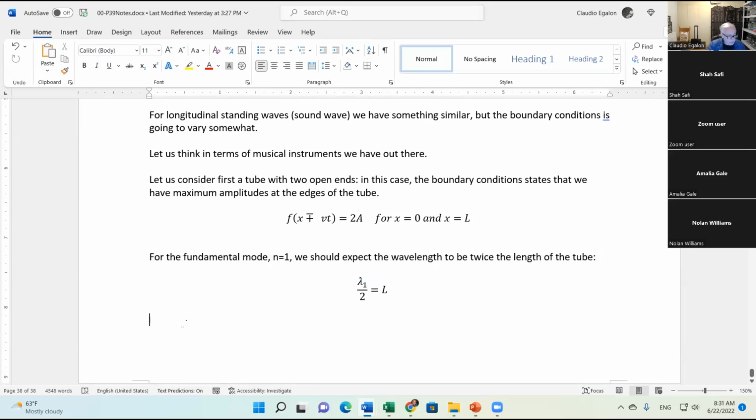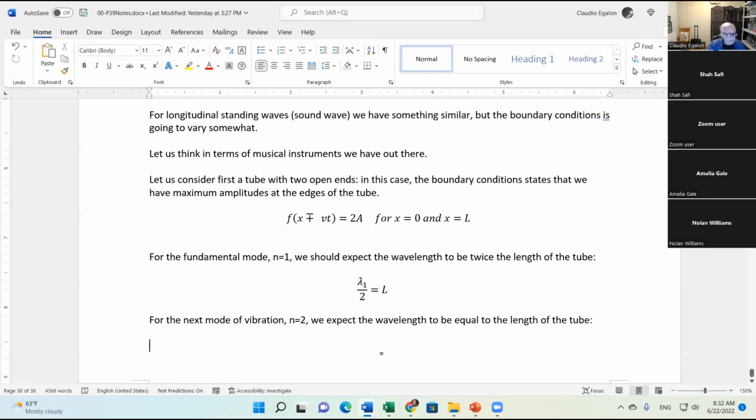For the next mode of vibration, n equal to 2, we expect the wavelength to be equal to the length of the tube.